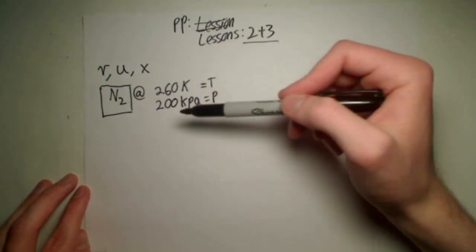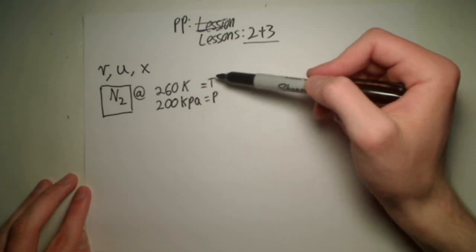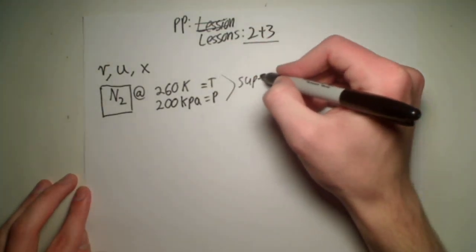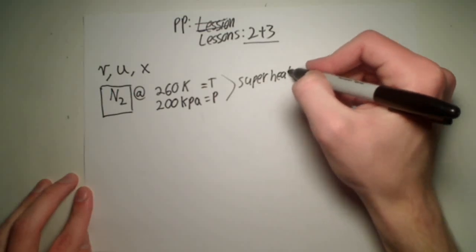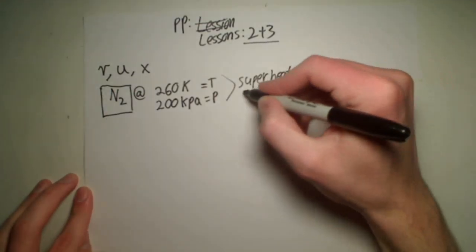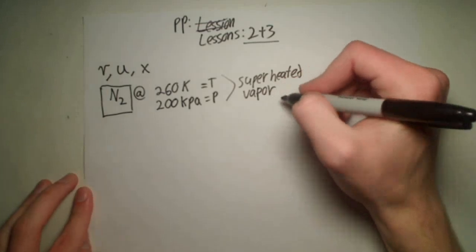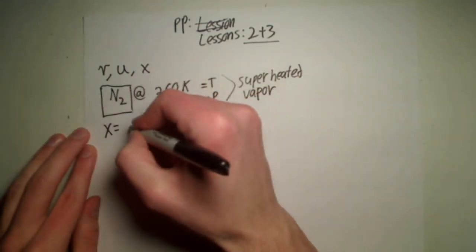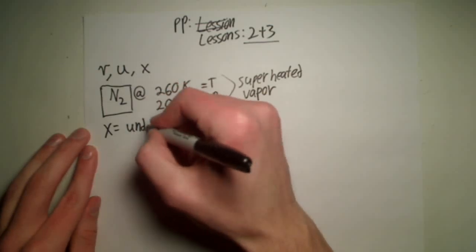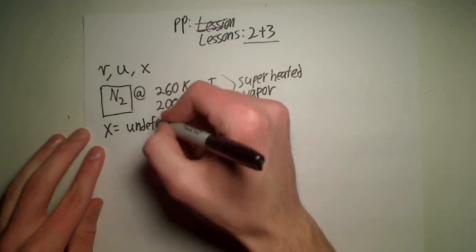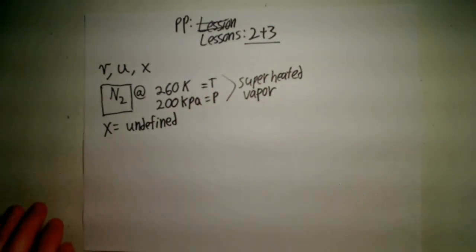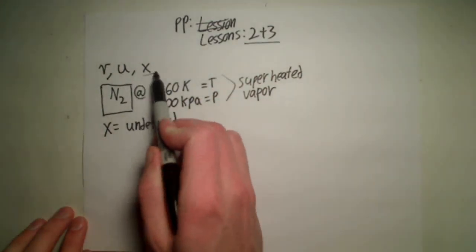It just doesn't match up that way. So instead, it's a superheated vapor. And because of that, we know x is undefined.